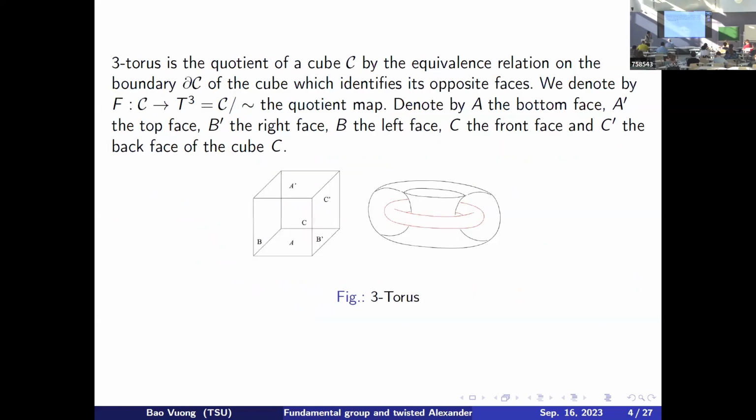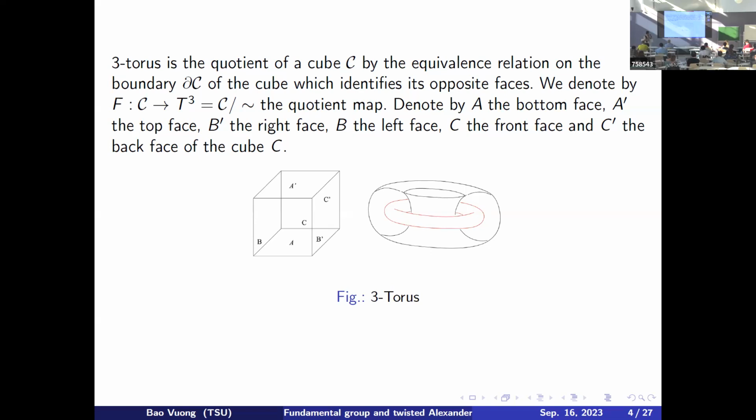Then we consider the three-dimensional torus as a CW complex, as the identification of the opposite faces of a cube. And we have the model for the three-dimensional torus.